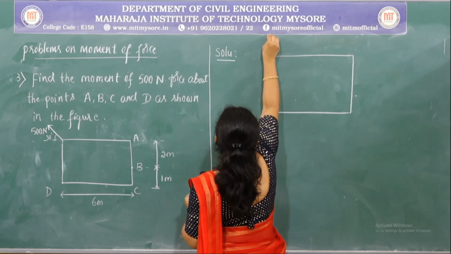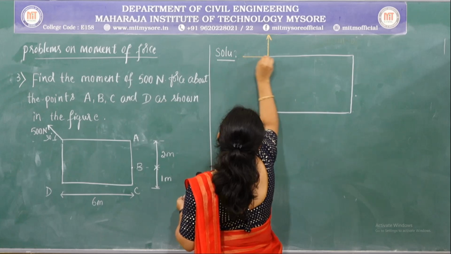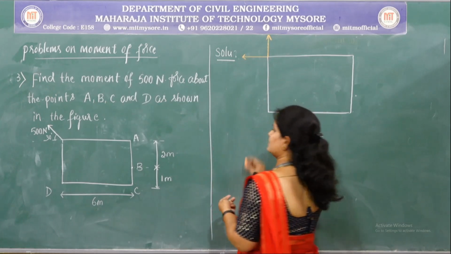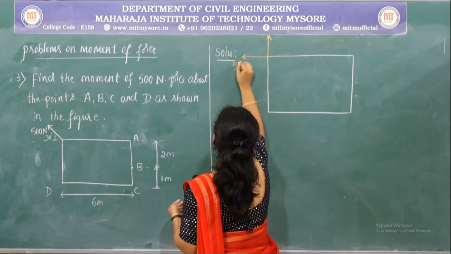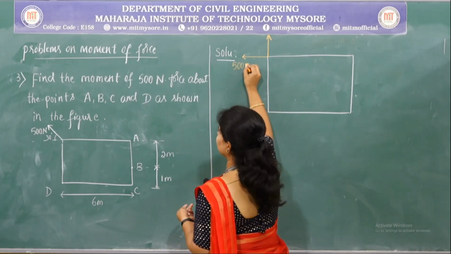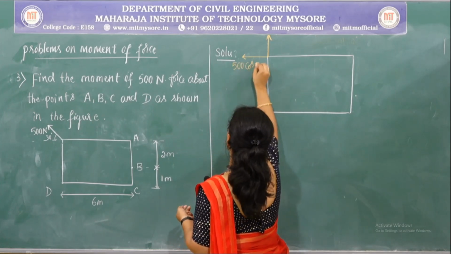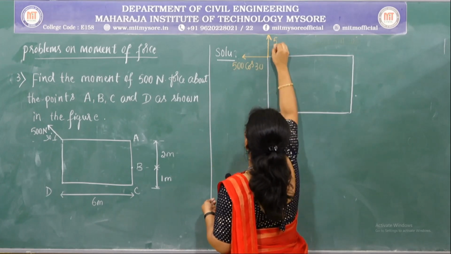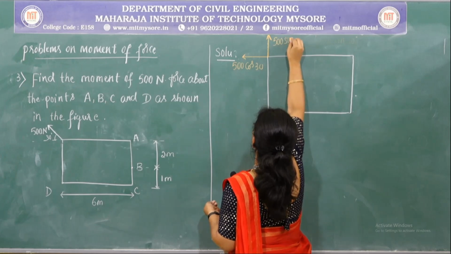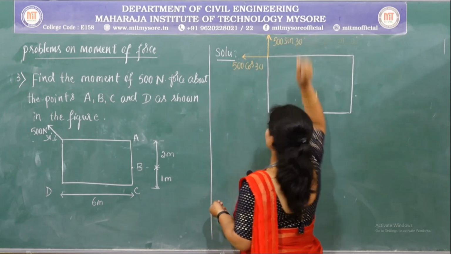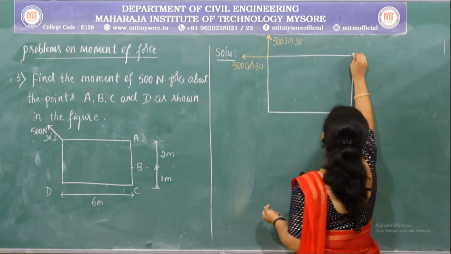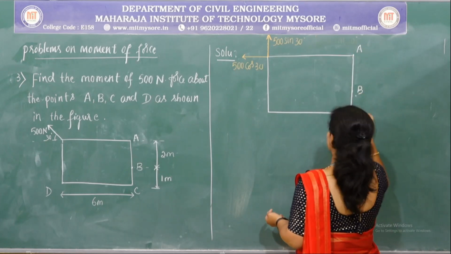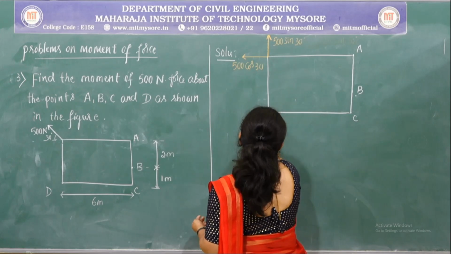In the second quadrant, the x component is negative and the y component is positive. So the x component will become 500 cos 30 and the y component will become 500 sin 30. So here are points A, B, C and D.